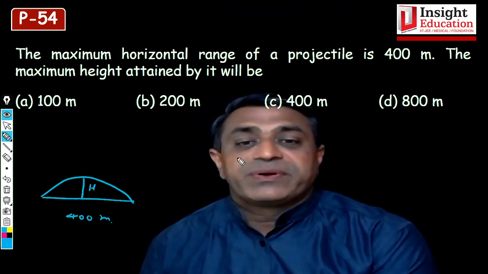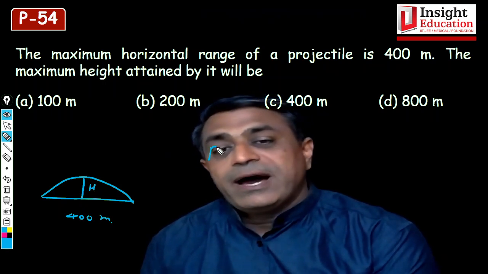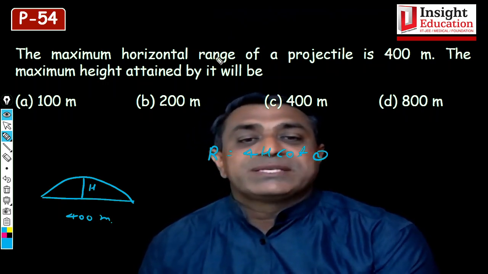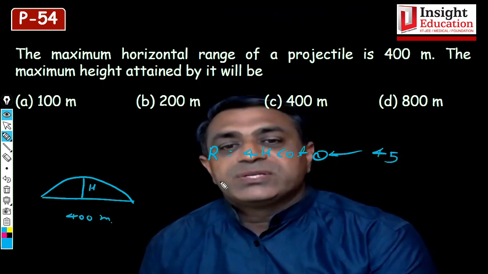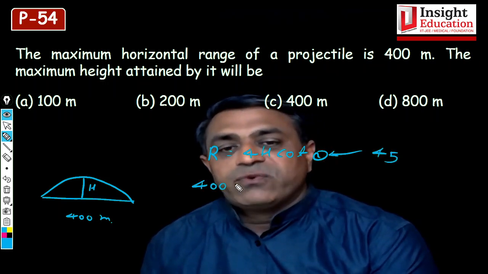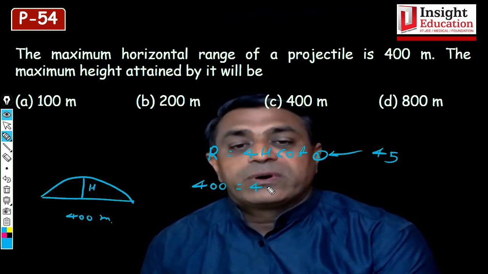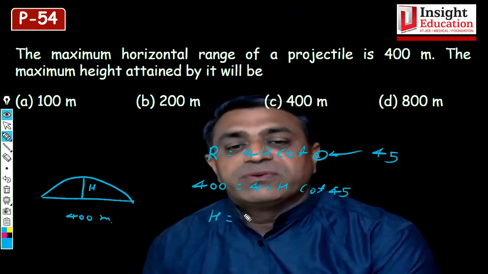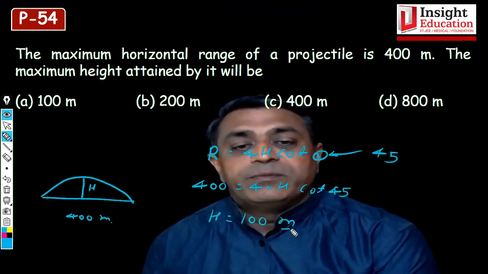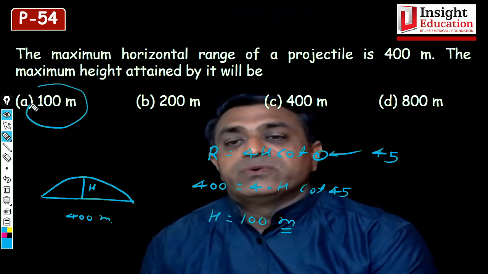Here we can use our ready-made formula: range R is equal to 4h cot theta. For maximum range, theta should be 45. So if theta is 45, range 400, 4 into h cot 45, that is 1. So h is equal to 100 meters.